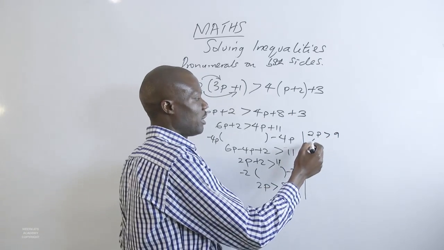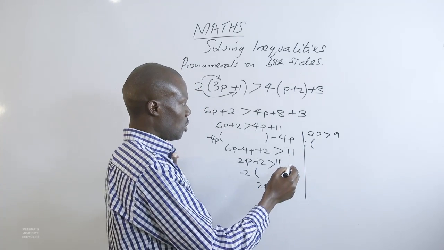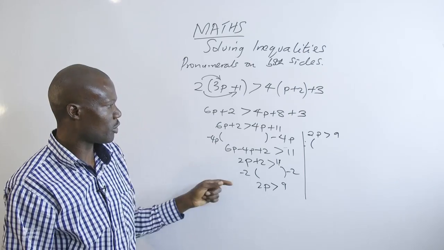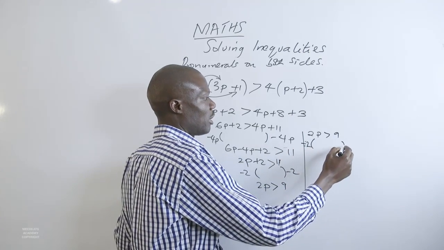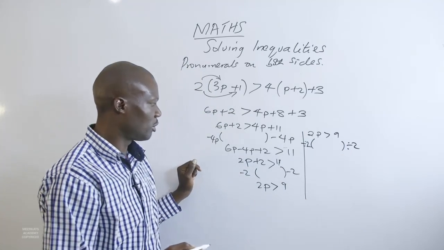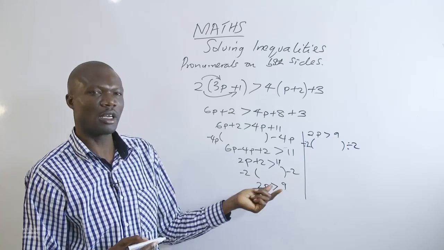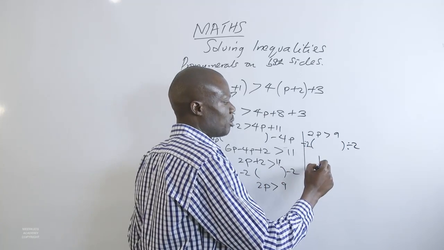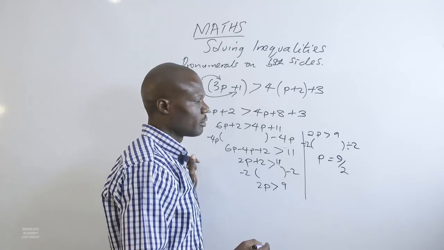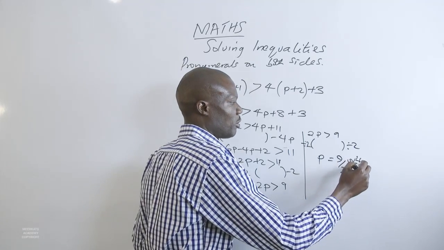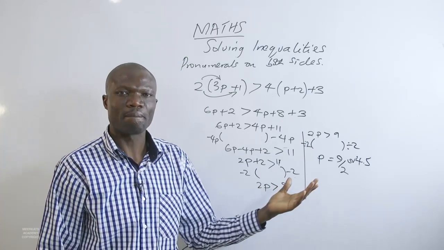We shall divide the left-hand side by 2 and the right-hand side by 2. Take note that we have 2p is greater than 9. So what will remain is p is greater than 9 over 2, or 4.5.